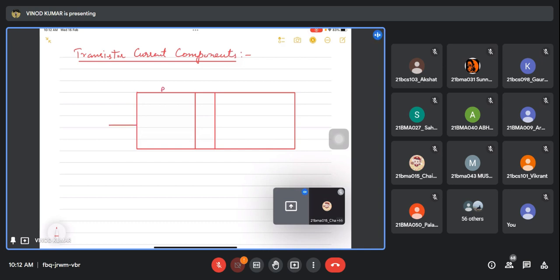Suppose this is P, this is N, this is P. This is reverse bias.